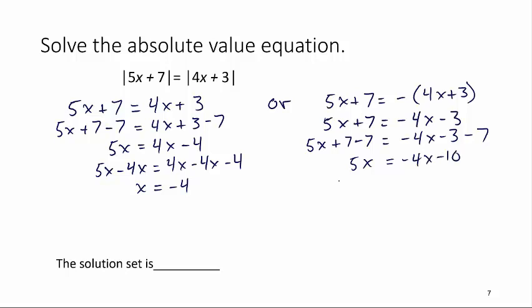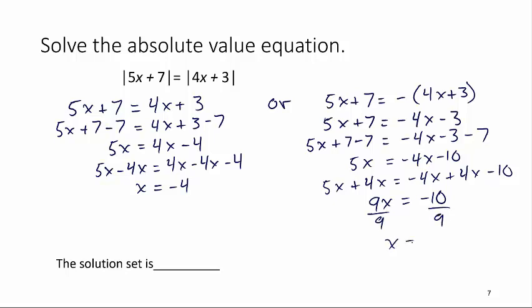Now I need to add 4x to both sides. So I have 5x plus 4x equal to -4x plus 4x minus 10. So that leaves 9x equal to -10. Divide both sides by 9. x is equal to -10 ninths. Okay, so the solution set is -4, -10 ninths.